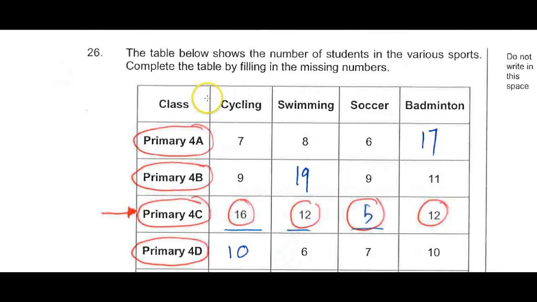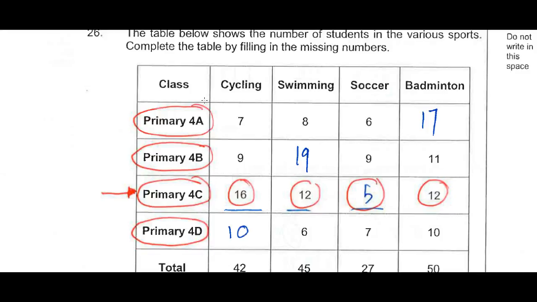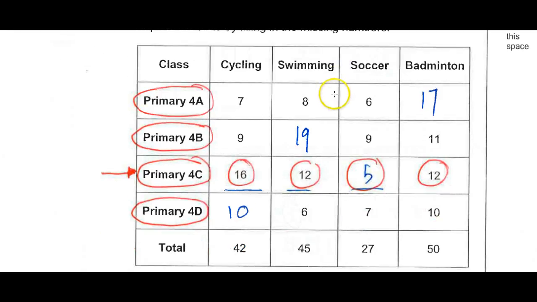The first question is to complete the table by filling out the missing number. Let's see whether there's any hint. Yes, for badminton you have the total. Take the total, less this 10, less this 12, less this, and you get that.